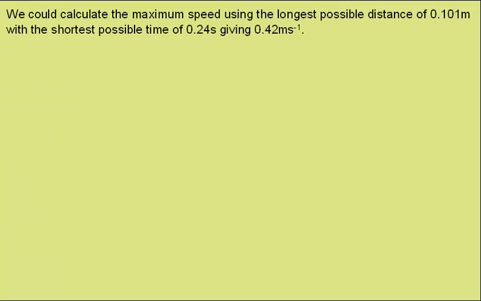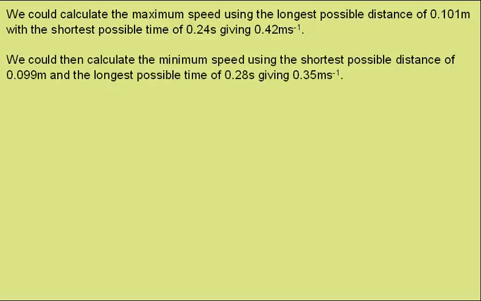To find the uncertainty in the speed, we could calculate the maximum speed using the longest possible distance of 0.101 meters with the shortest possible time of 0.24 seconds, and this gives a speed of 0.42 meters per second. We could then calculate the minimum speed using the shortest possible distance of 0.099 meters and the longest possible time of 0.28 seconds, and this gives a speed of 0.35 meters per second.